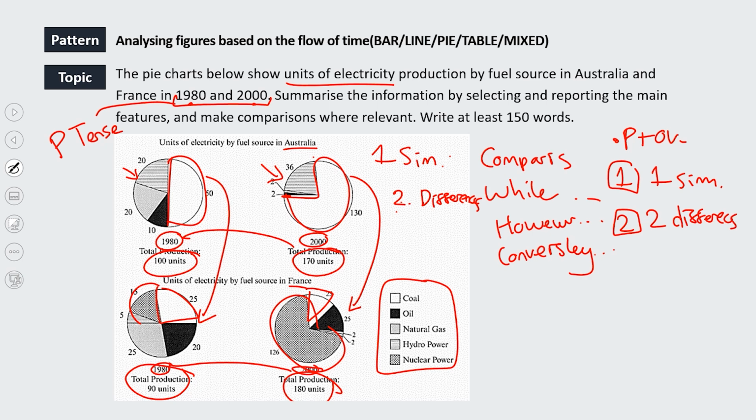Okay, while on the one hand, the use of coal as a resource increased in Australia, on the other hand, conversely, you talk about your differences. So while both countries increased the overall production of units of electricity, okay, that would be your similarity. And then you go on the other hand, conversely, and then you talk about your two differences. Okay, so that's how I would advise to structure this as a better answer.